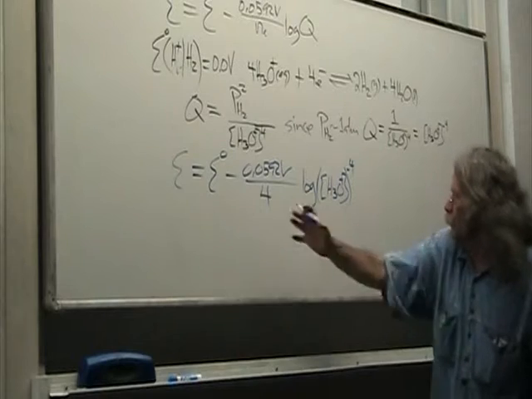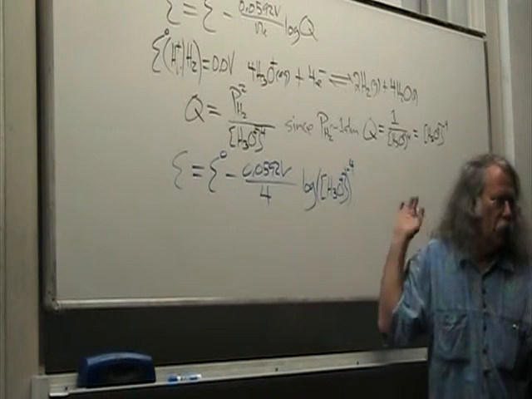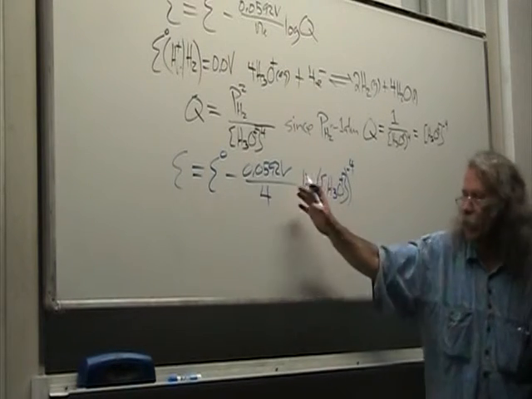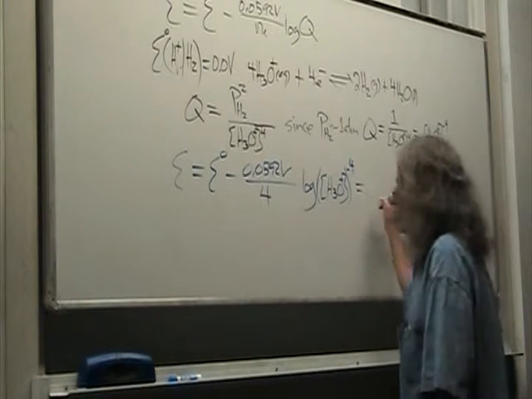Okay, so now I have this expression, and the rules with logs allow me to do what? I can pull this -4 through. Okay, so I'll do that.